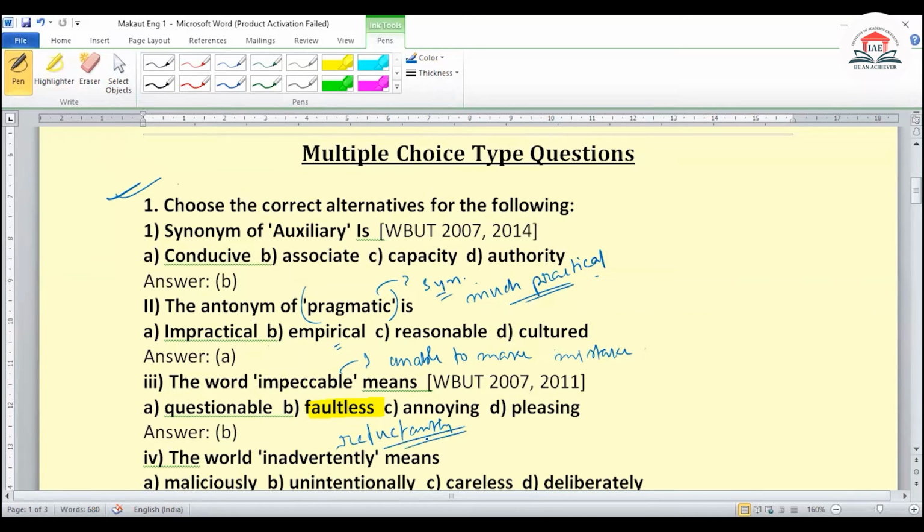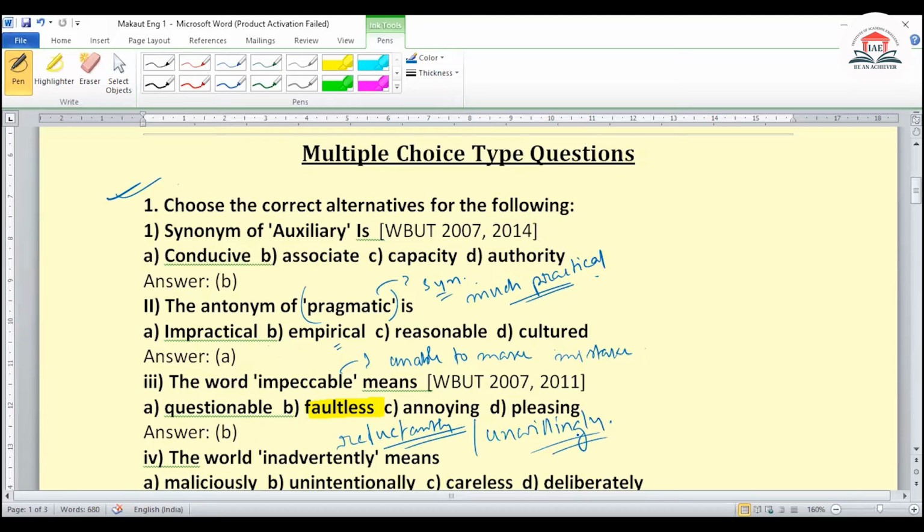Inadvertently means. Advertently means with will. Right? And when we mean inadvertently, we mean unwilling or unwillingly rather. Unintentional. Now, which one should be the answer? Inadvertently.